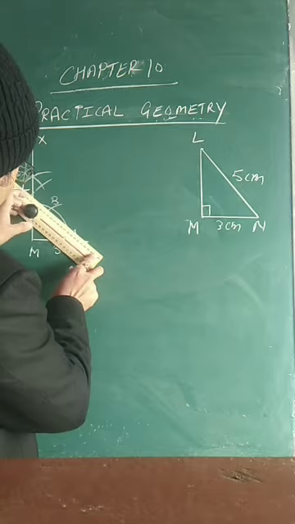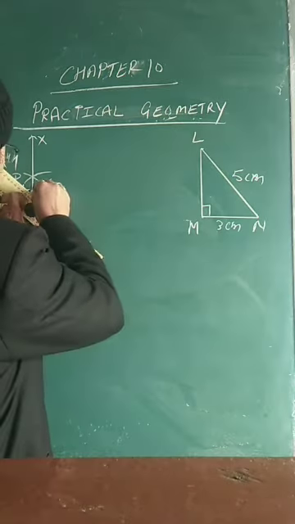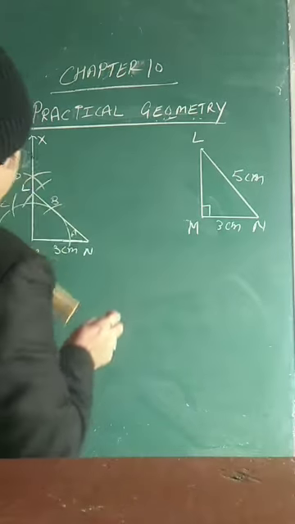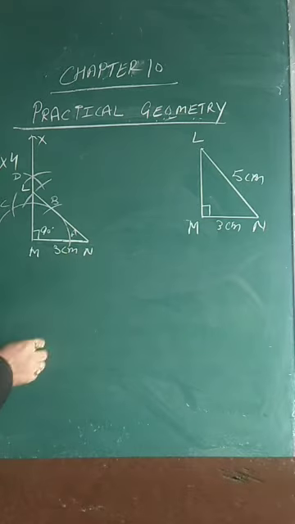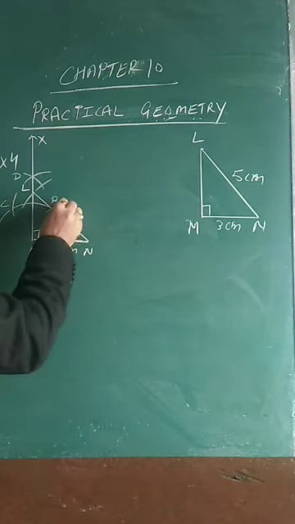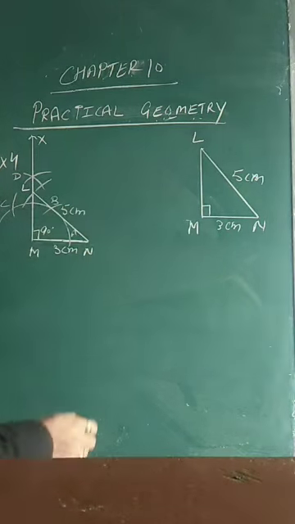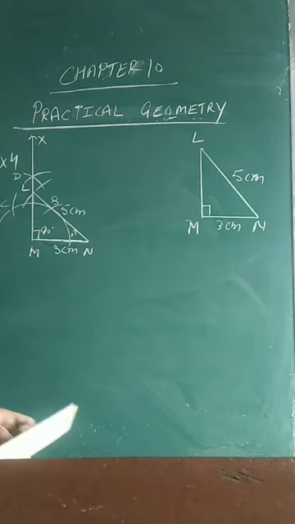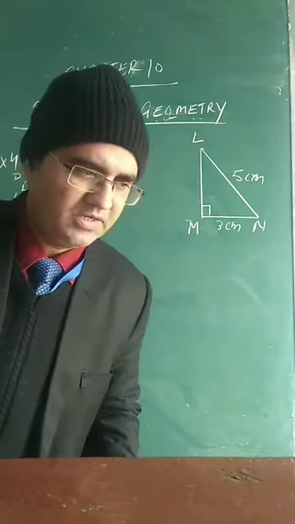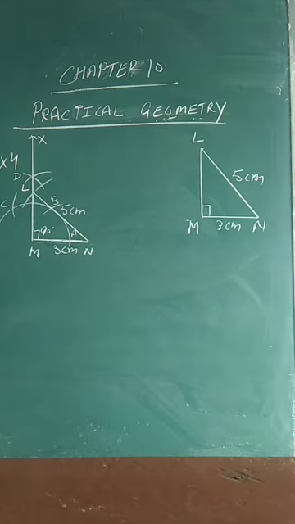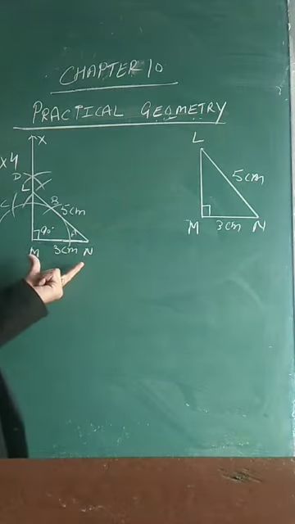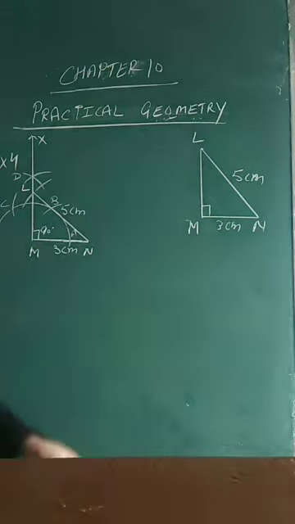So when we join LN, we are getting the required triangle LMN, which is 90 degree at M, where MN is equal to 3 centimeter and LN is equal to 5 centimeter. So in this way, we can easily construct a right angle triangle in which the right angle is given, and along with it one of the legs and the hypotenuse are given.